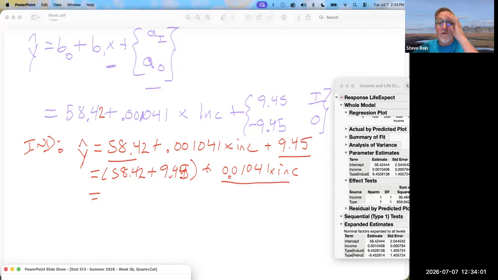And I would hope that one of you could check me with my adding in my head. I get 67.87. Plus then 0.001, I'm sorry, 0.00104. Correct the error here.